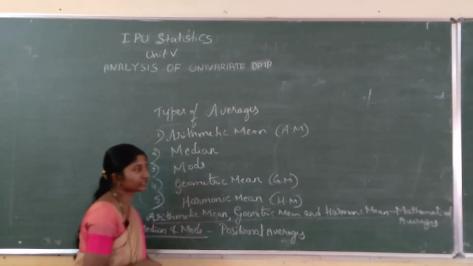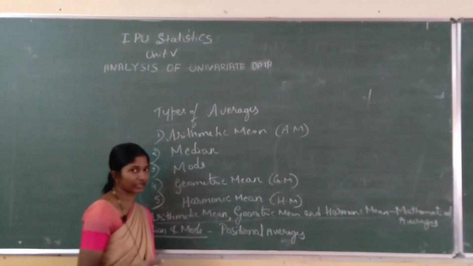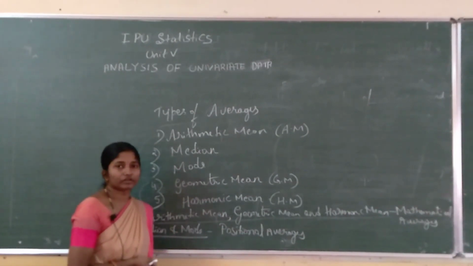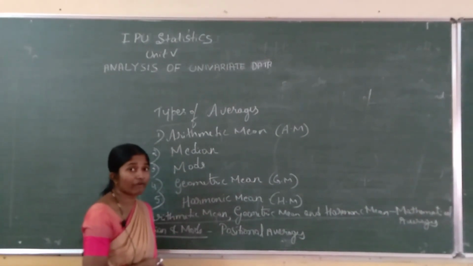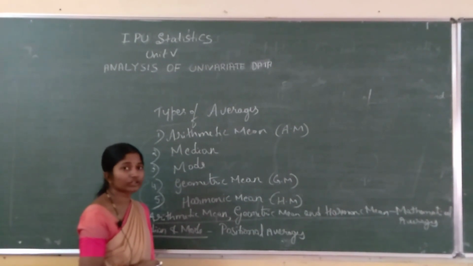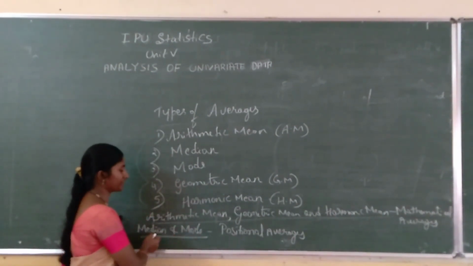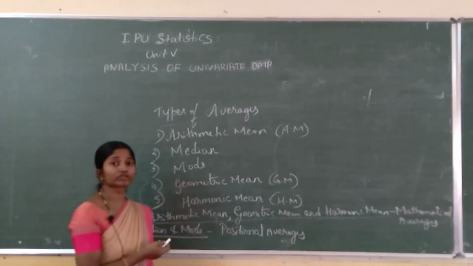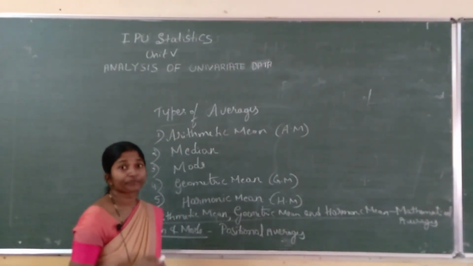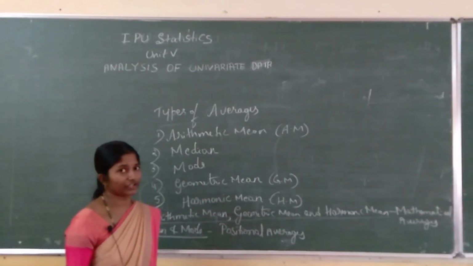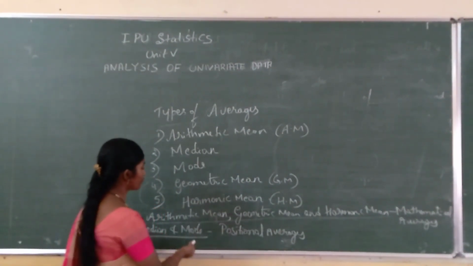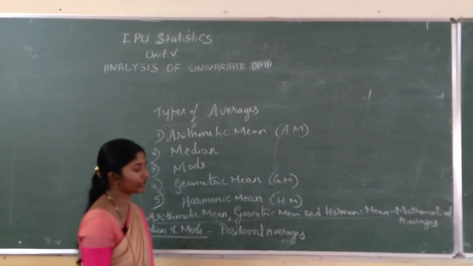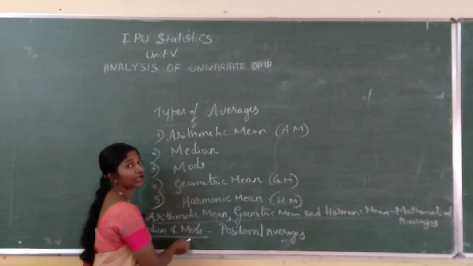I told you that some of the merits and demerits you have to write again. Here arithmetic mean, geometric mean and harmonic mean are based on all the values. We have to use all the values for the calculation, but for median and mode we are not using all the values. So it is not affected by abnormal extreme values, and it is easily calculated for open end distributions also.